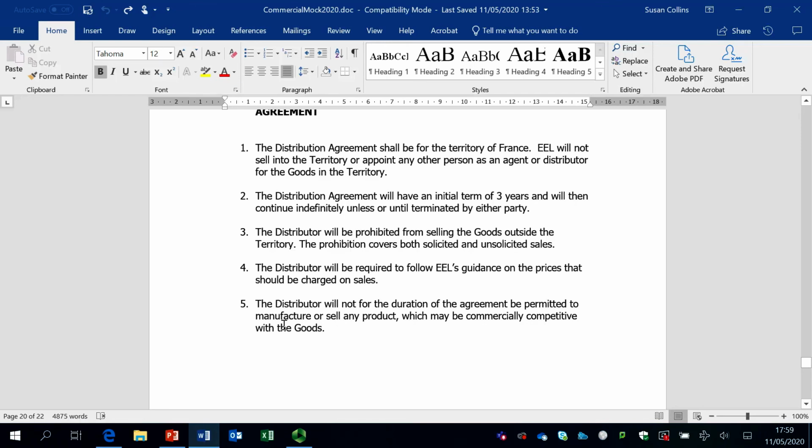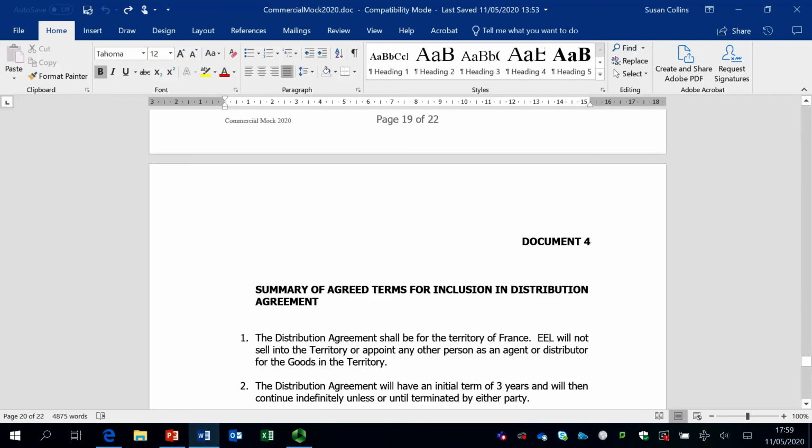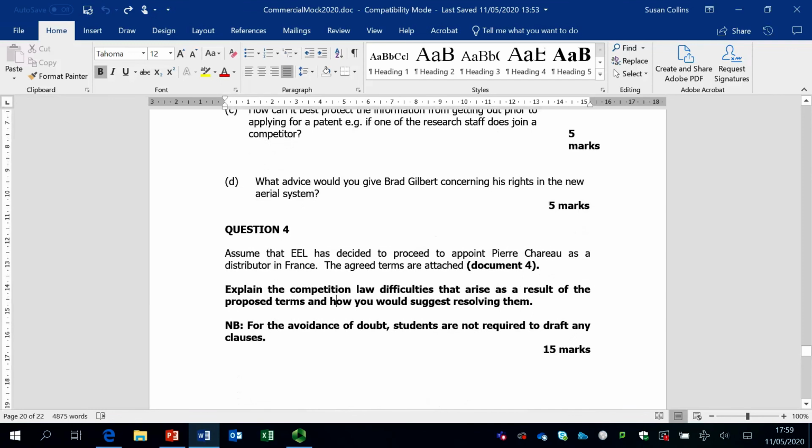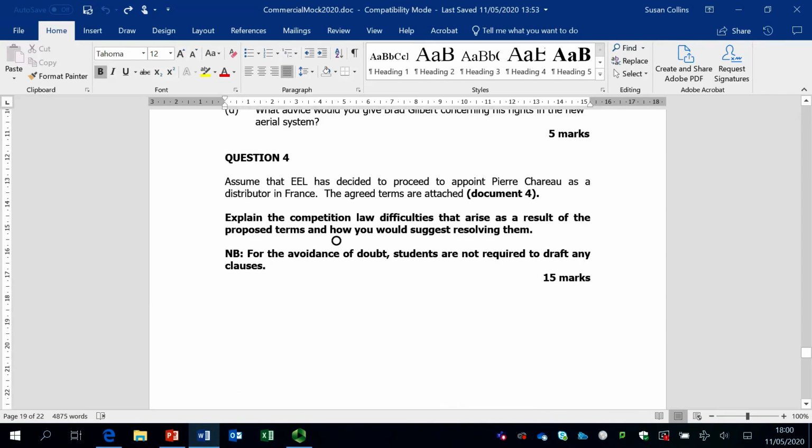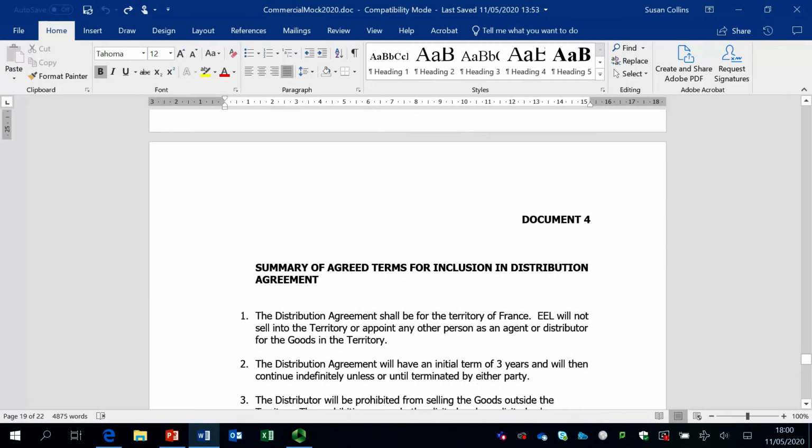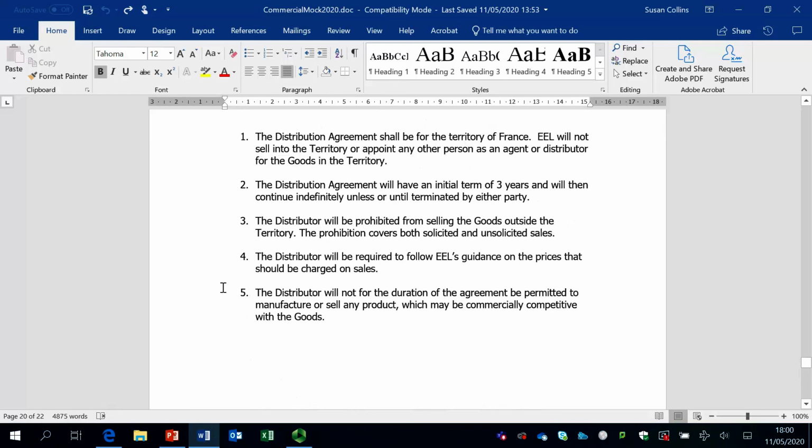So in terms of what you could do, because we've looked at what the problems are, let's look back at the question. We talked about the competition law difficulties. How would you suggest resolving them? Your suggestions could be that Clause 3, the territorial restriction, should be narrowed so that it only goes as far as is permitted by the block exemption.